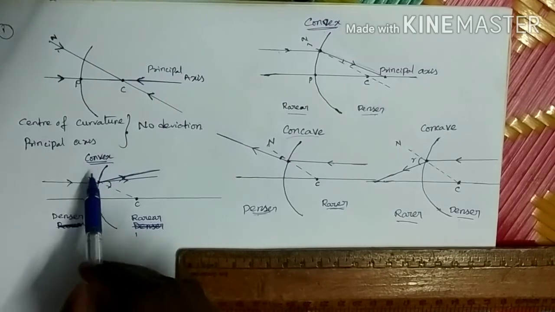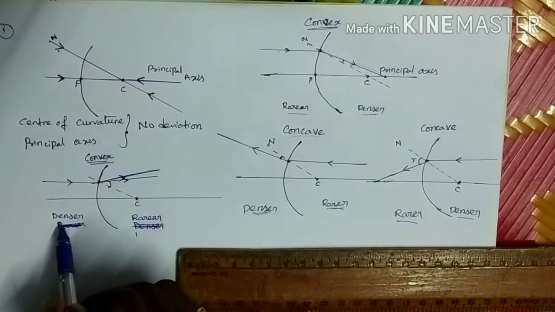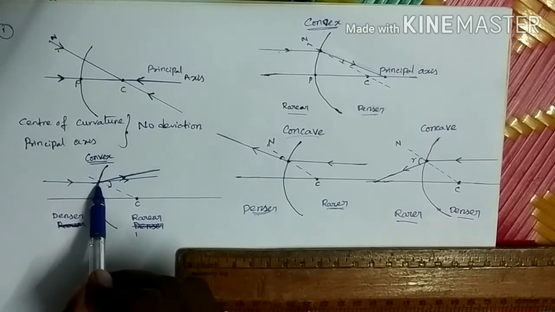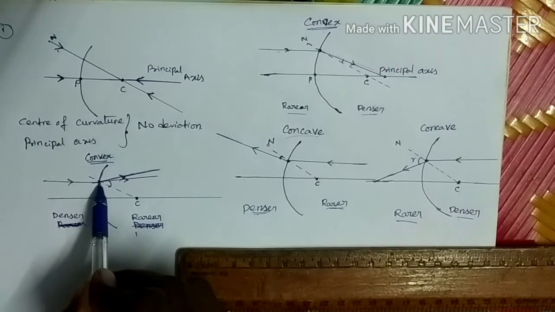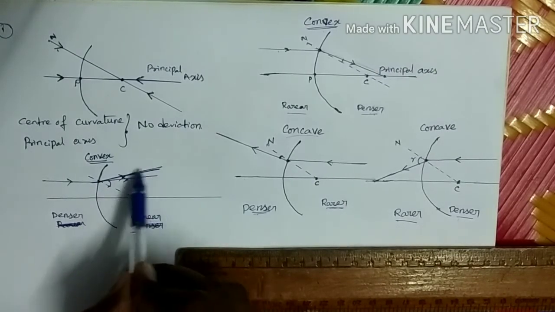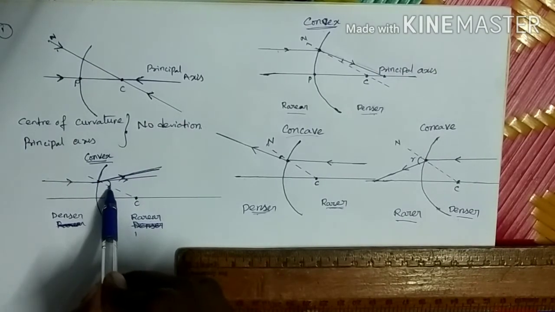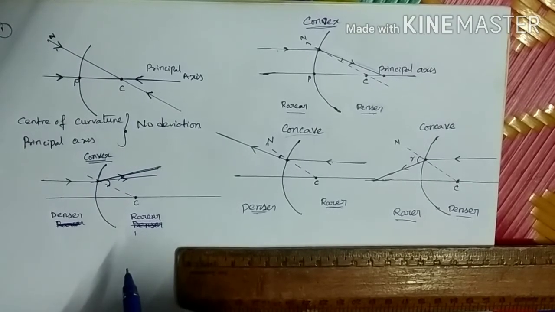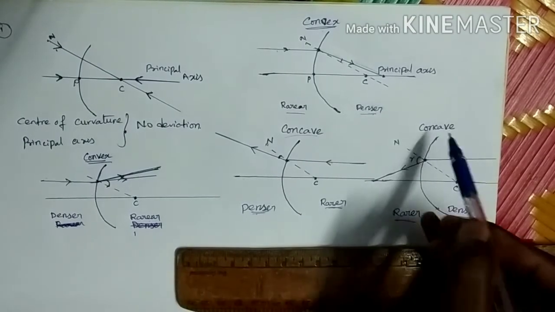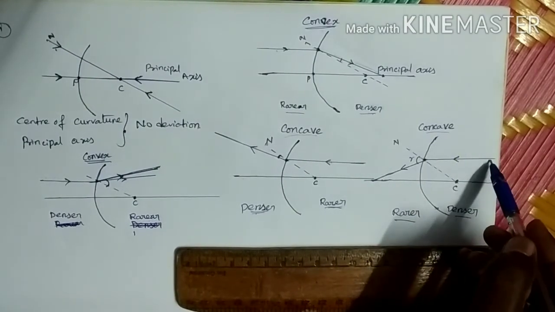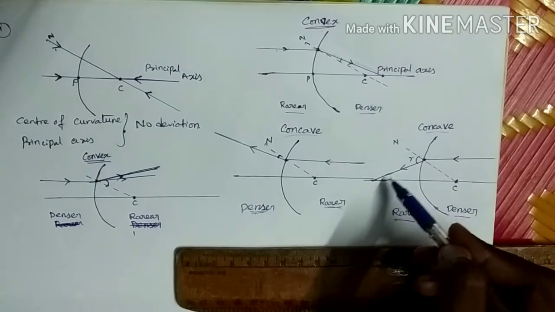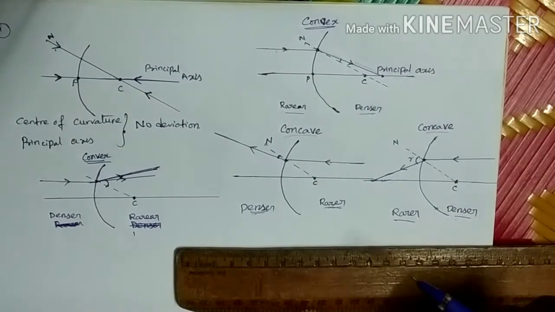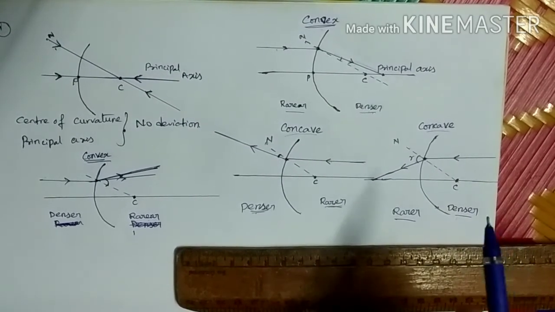And the second point: in the convex curved surface, when light travels from a denser medium to a rarer medium, the refracted ray is away from the normal and it does not touch the principal axis. And in the case of the concave curved surface, when light rays travel from a denser medium to a rarer medium, the refracted ray is away from the normal, but it touches the principal axis at one point.